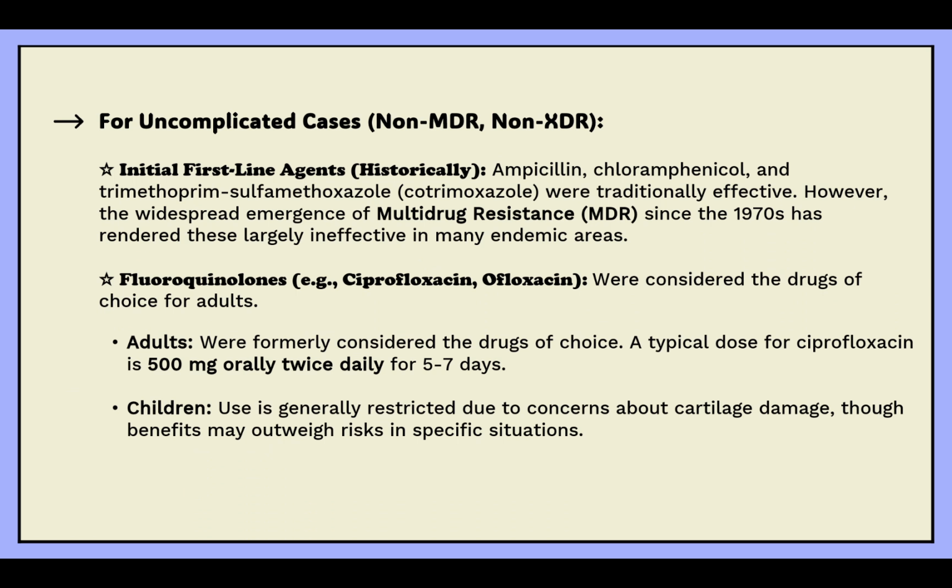Fluoroquinolones such as ciprofloxacin and ofloxacin were formerly considered the drugs of choice for adults. A typical ciprofloxacin dose for adults is 500 mg orally twice daily for 5 to 7 days. Their use in children is generally restricted due to concerns about cartilage damage, though benefits may outweigh risk in specific situations.